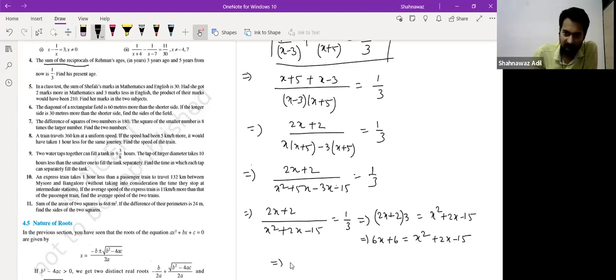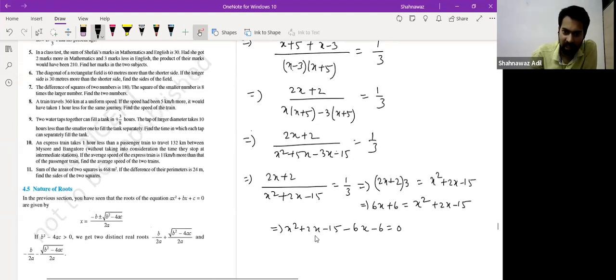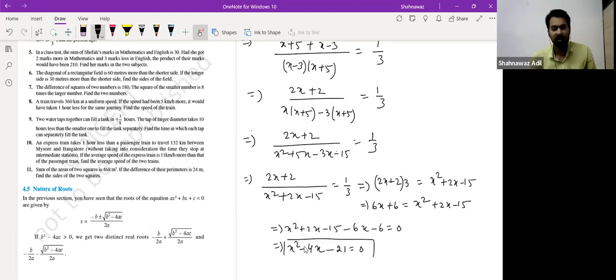So 6x plus 6 equals x squared plus 2x minus 15. Then x squared plus 2x minus 15 minus 6x minus 6 equals 0. So 2x minus 6x is minus 4x, and minus 15 minus 6 is minus 21. So what are A, B, and C, Madiha?